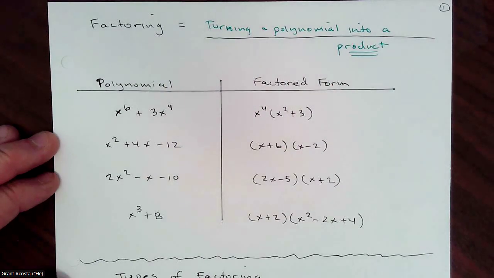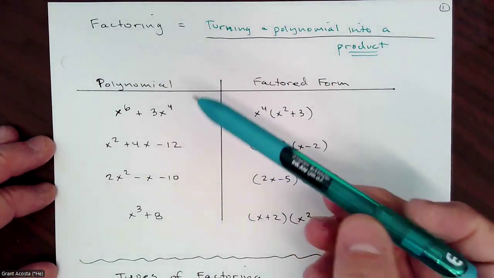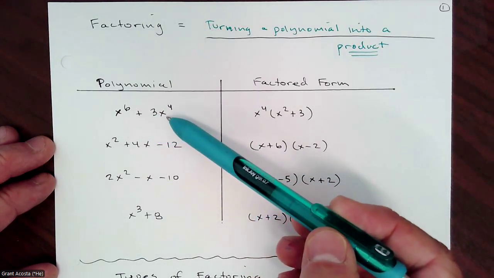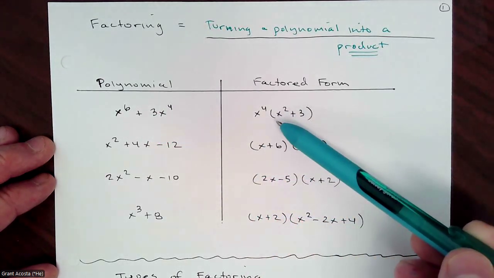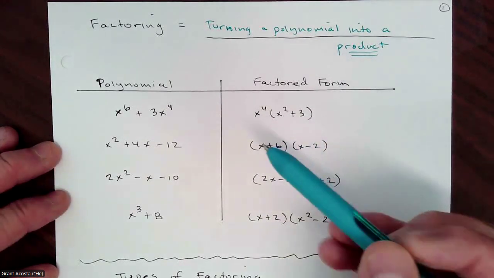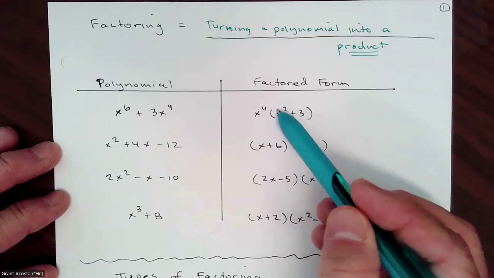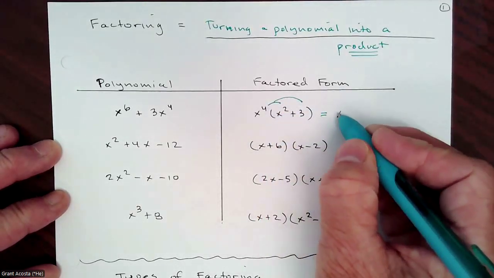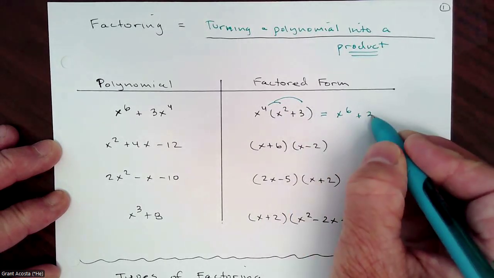Multiplication. So for example, we've been talking about polynomials. x to the 6th plus 3x to the 4th in factored form would look like this: x to the 4th times x squared plus 3. Convince yourself if you distribute that, multiply it back out, that's going to give you x to the 6th plus 3x to the 4th.